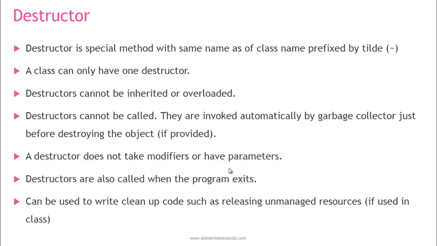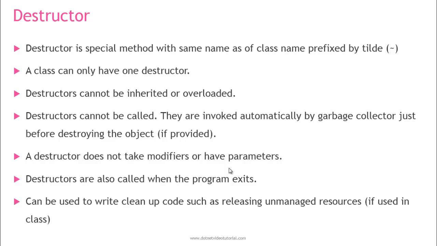A destructor cannot be inherited or overloaded. Destructors cannot be called. They are invoked automatically by the garbage collector just before destroying the object. This is a very important point. We will again discuss it in an example. A destructor does not take modifiers and doesn't have any parameters.